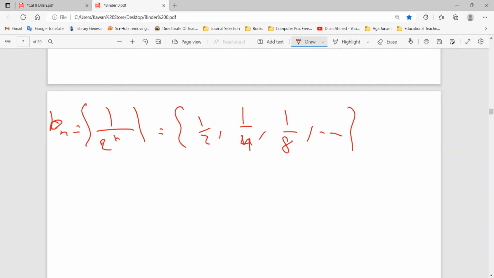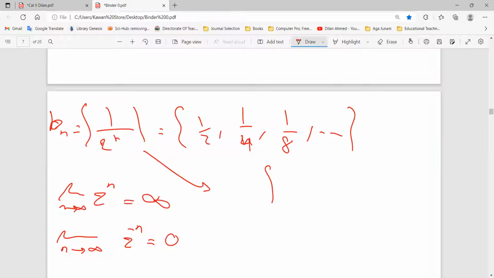0, right? And we say that, I remember, 2 to the power n, when n tends to infinity, is going to where? To infinity. And when n tends to infinity, 2 to the power minus n is going to where? 0. So you can substitute that one as 1/infinity, equal to 0.